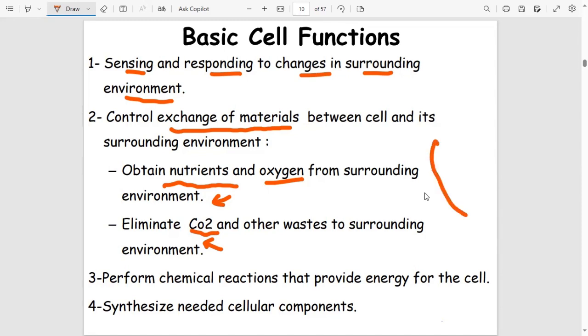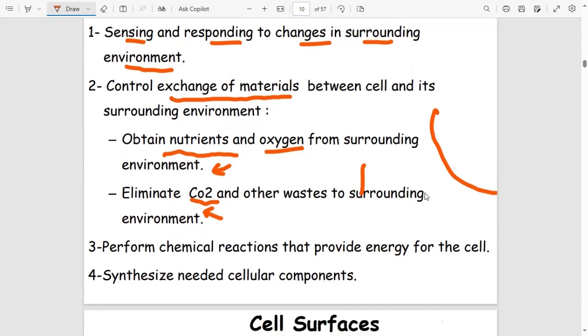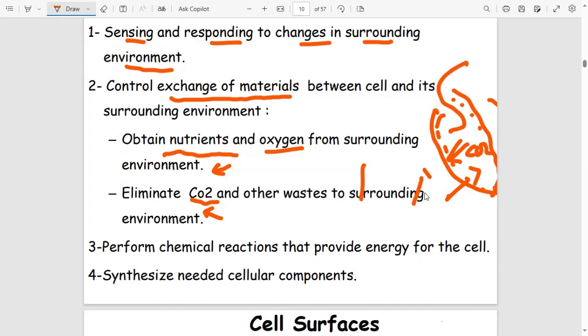You are going to learn in your respiratory system that you have the alveoli in the lungs, and there will be exchange there of the carbon dioxide and the oxygen. So all that is a function of the cells.